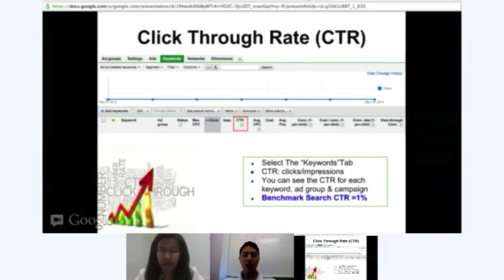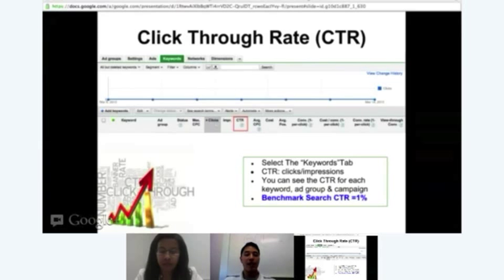The third or fifth column, depending on how you've set up your columns within AdWords, you should see something that says CTR. That's what click-through rate gets abbreviated to. Essentially that's clicks over impressions. So if you have 1,000 impressions and 300 clicks, your click-through rate's 30%, right? That's how you can see how effective you've written your ad text. You can tell if the keywords you picked were relevant.